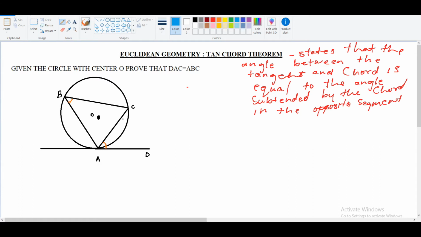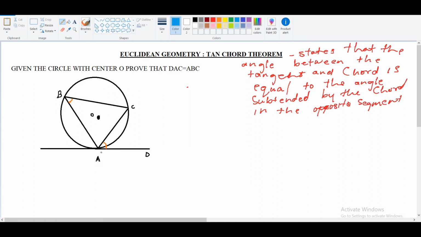Now the theorem is saying the angle between the tangent, where is the tangent? This is our tangent. Now we need the angle between the tangent and what? A chord. Which chord? It's either chord AB or chord BC that creates an angle with our tangent.